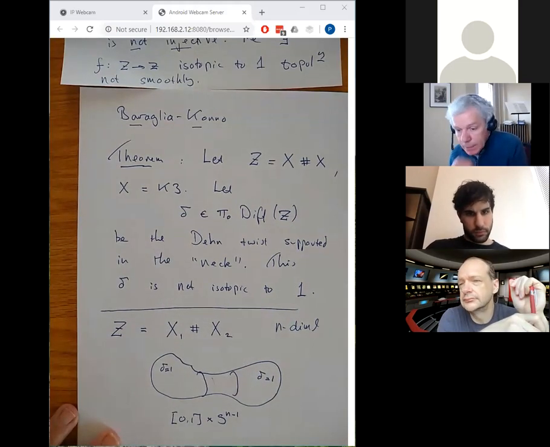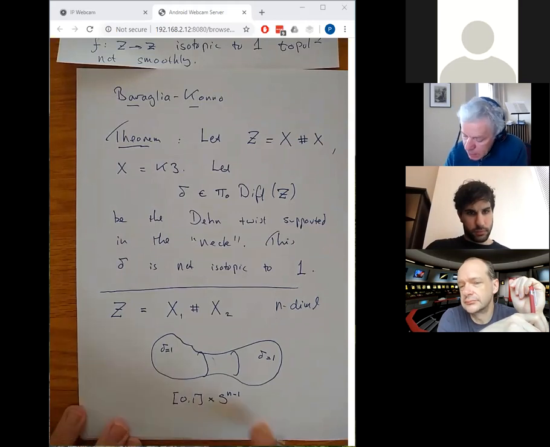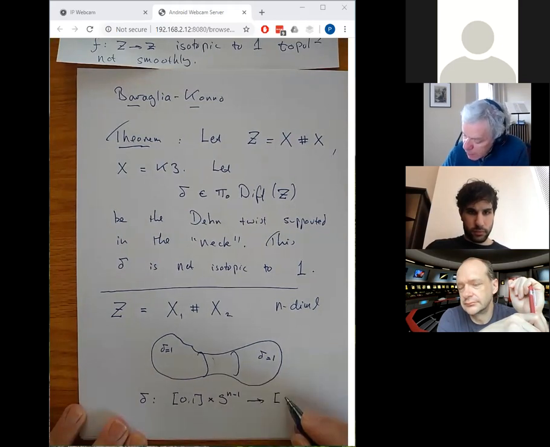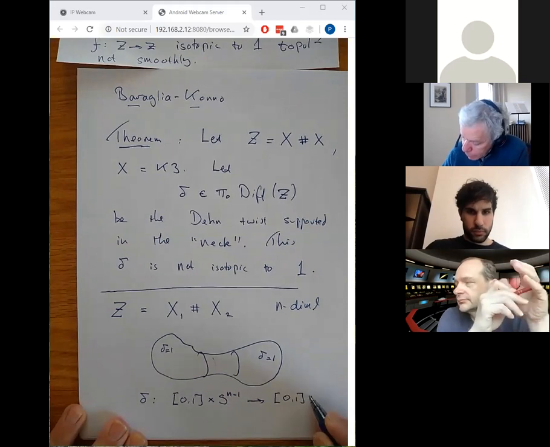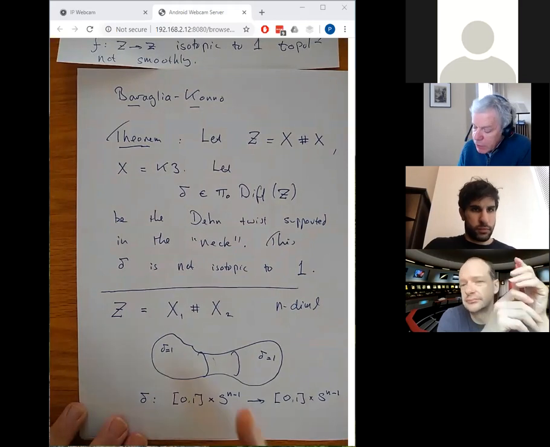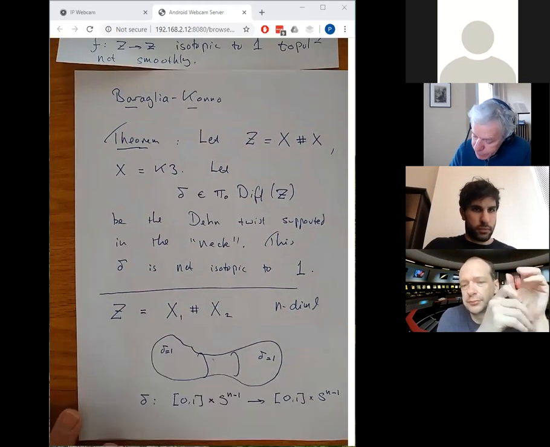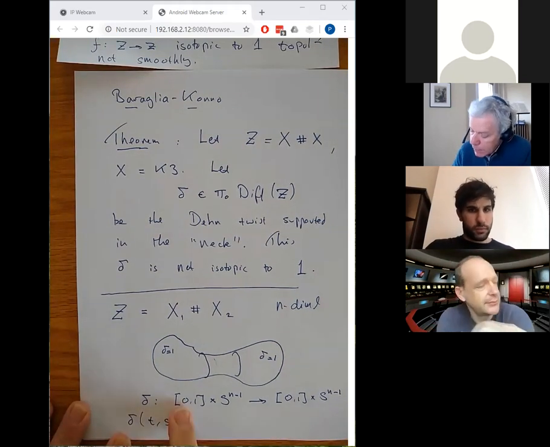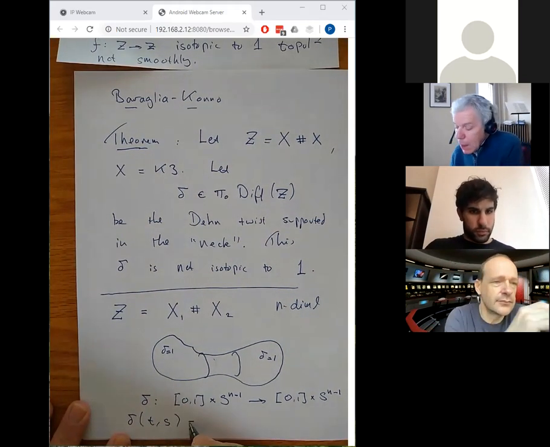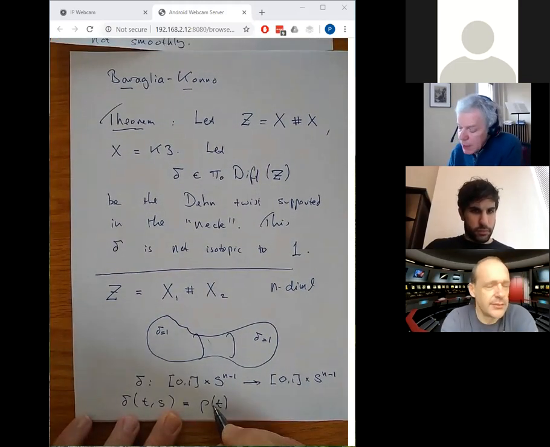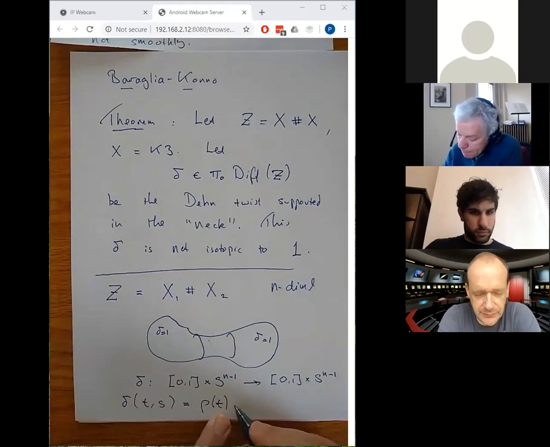And what it does in that neck is it twists the neck. On this cylindrical piece, it has the form delta of (t, s), given by rotating by rho of t the point s.